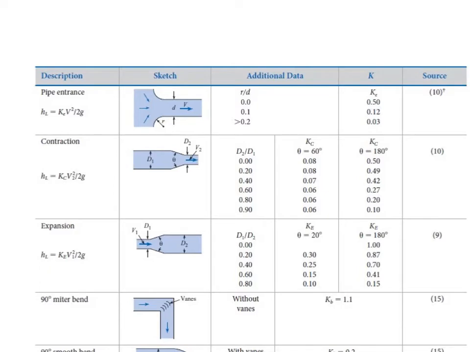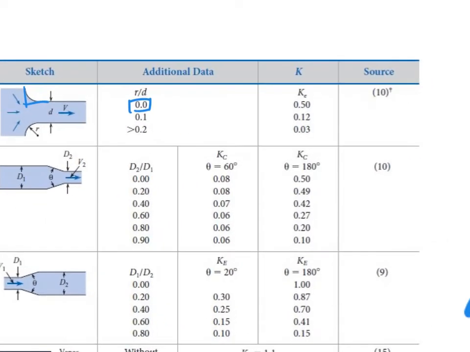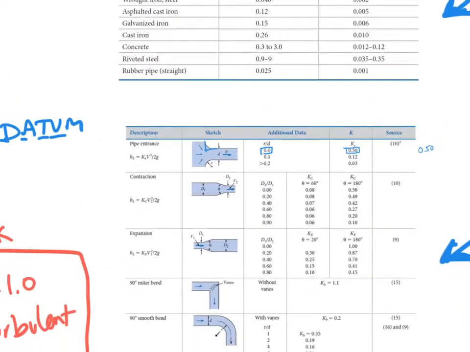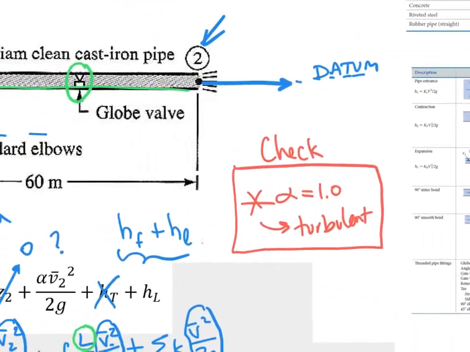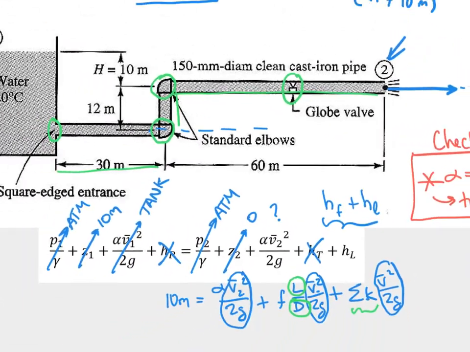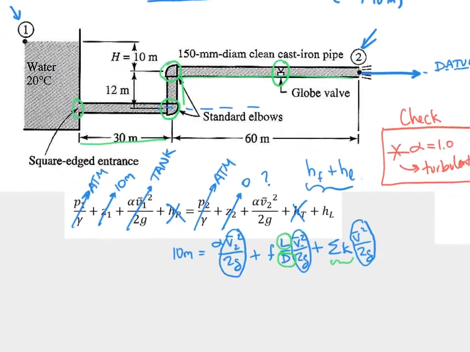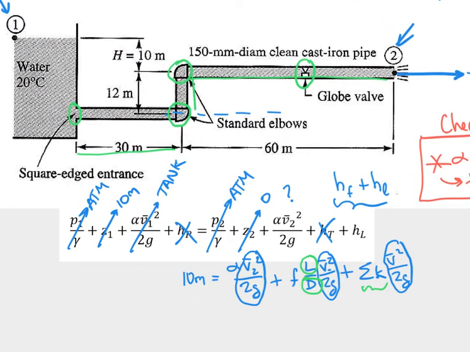So we've got a square-edged entrance, which means it has no radius, which means radius over diameter is 0, which means for a square-edged entrance, we get 0.50. Let's go back over here. A square-edged entrance: this one right here is going to have 0.50.